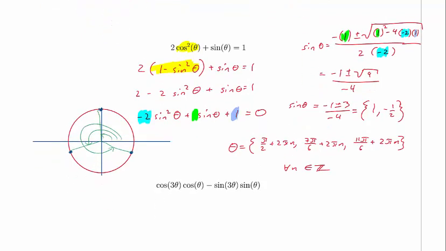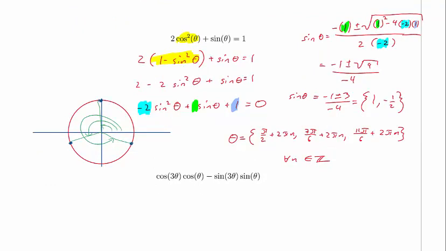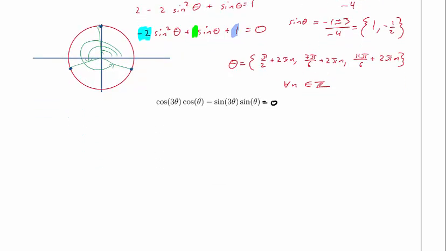So on to the next problem. Here looks like there was a little lift off the right hand side of the equation. It's supposed to equal 0. And so note that we have an opportunity to use the angle sum, right?